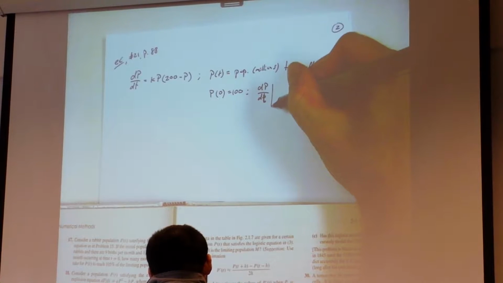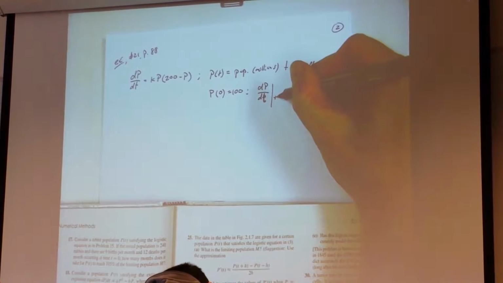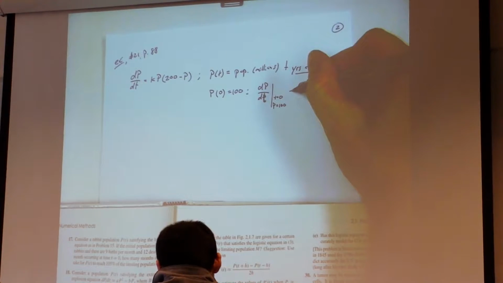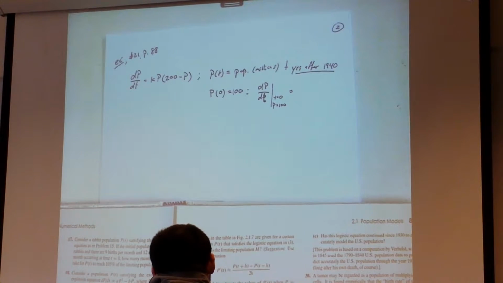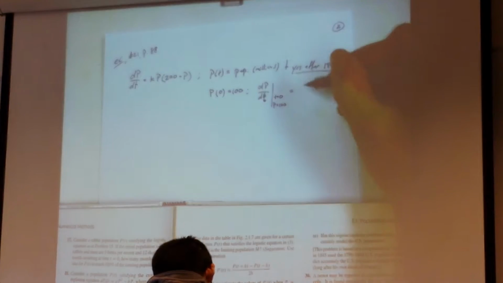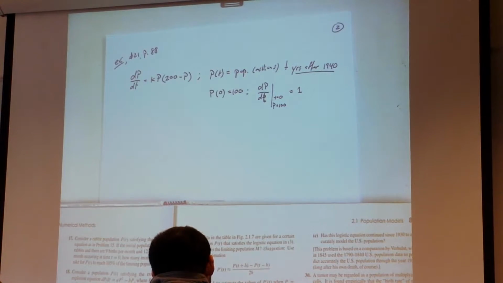So, oops, that should be a t. The growth rate of the population at that instant, when t equals 0 and the population is 100 million, is 1 million per year. So that's a statement about the growth rate.